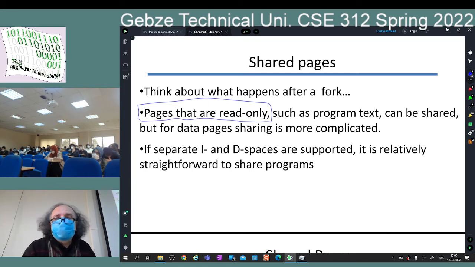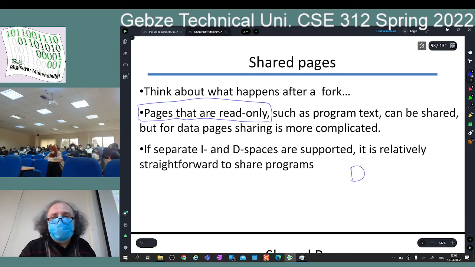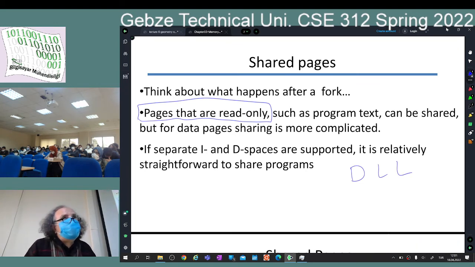Or remember, I have dynamic link libraries, DLLs. For example, the dynamic link library of the C programming environment or C++, for example, the classes that I use from the standard template library. Many programs are using the same classes.